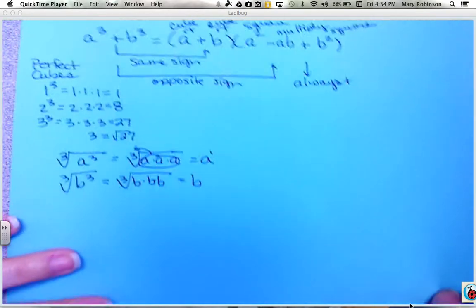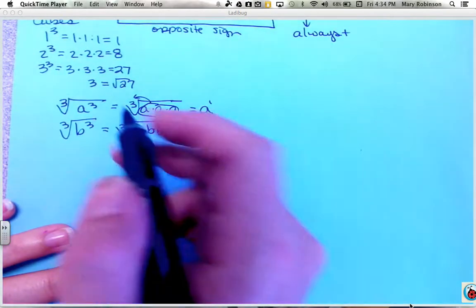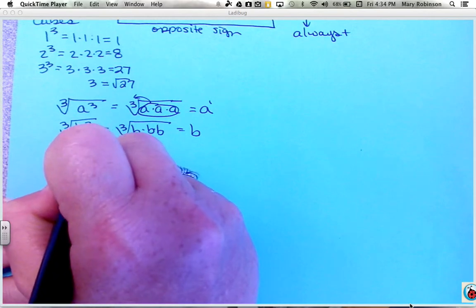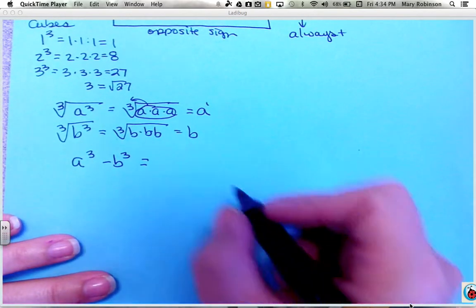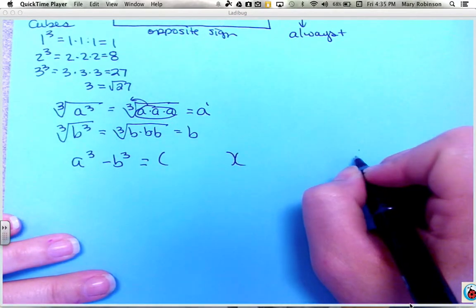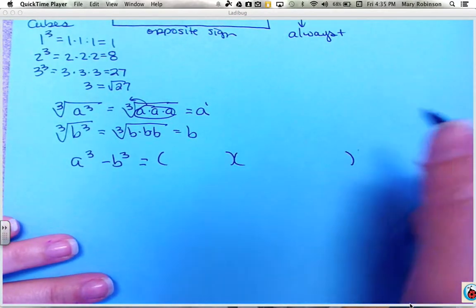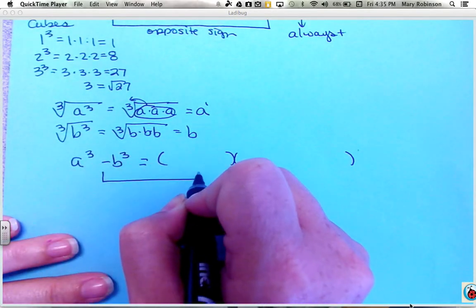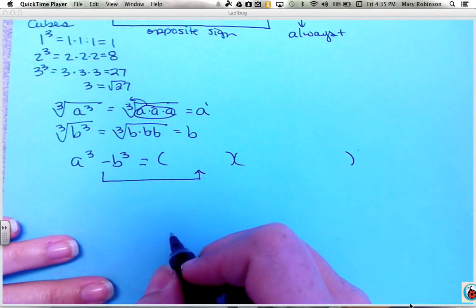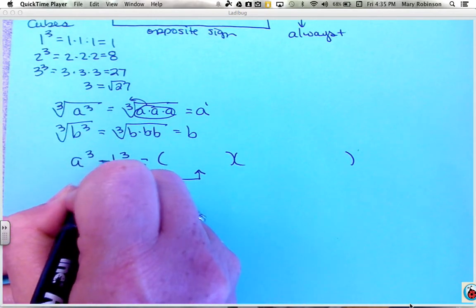So I'm going to slide this down and we're going to talk about a difference of cubes. Very similar, almost identical. Really the only thing that will be different will be the sign pattern. So we still have a binomial times a trinomial, but similar to before, the sign in our binomial will be the same as whatever we have in our polynomial.